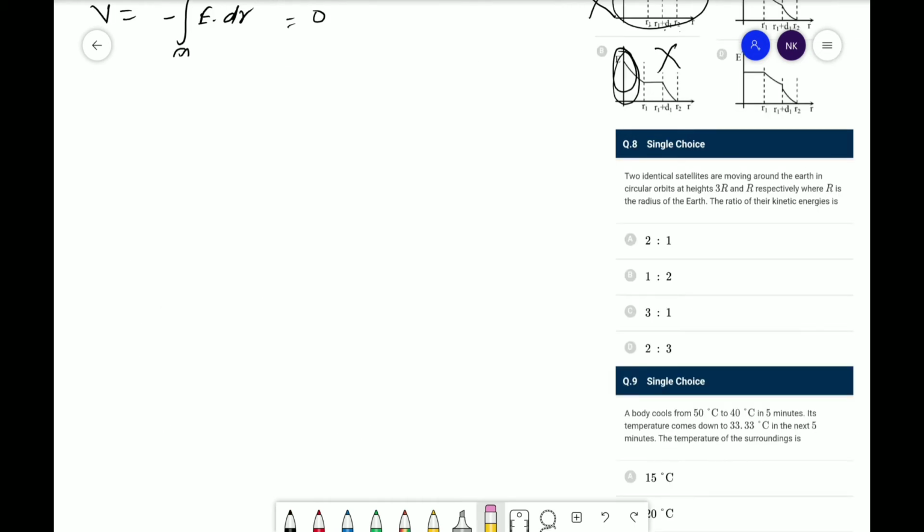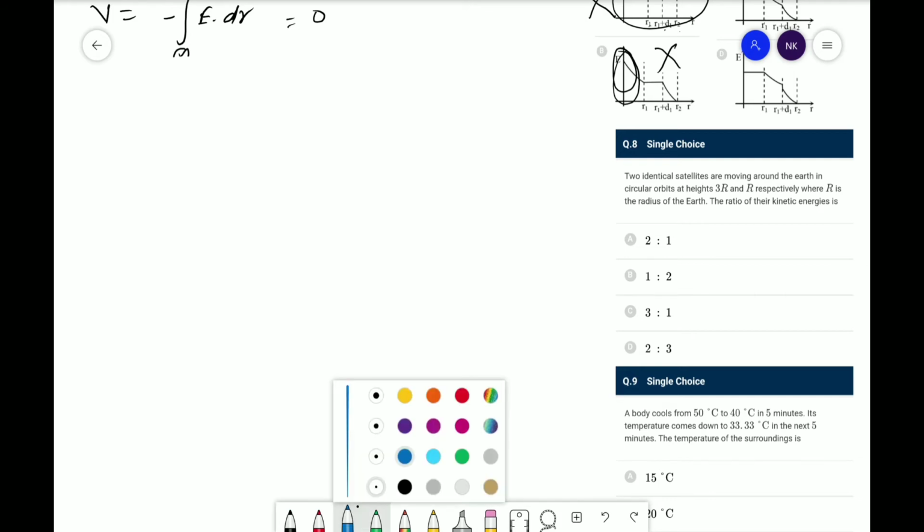Two identical satellites are moving around the Earth in circular orbits at heights 3r and r respectively, where r is the radius of the Earth. The ratio of kinetic energies is asked.